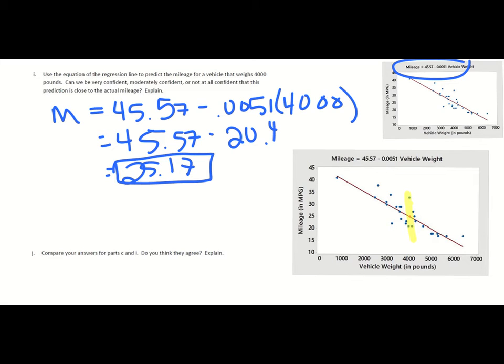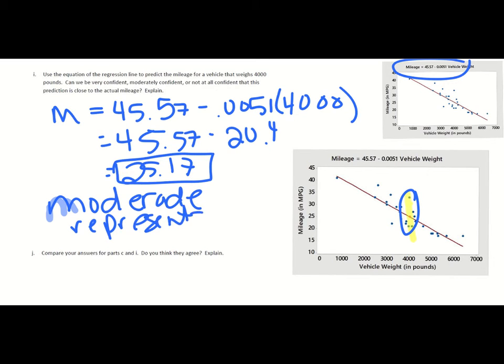It's not perfect, but I'm still going to say it's going to be a moderate representation of those points.